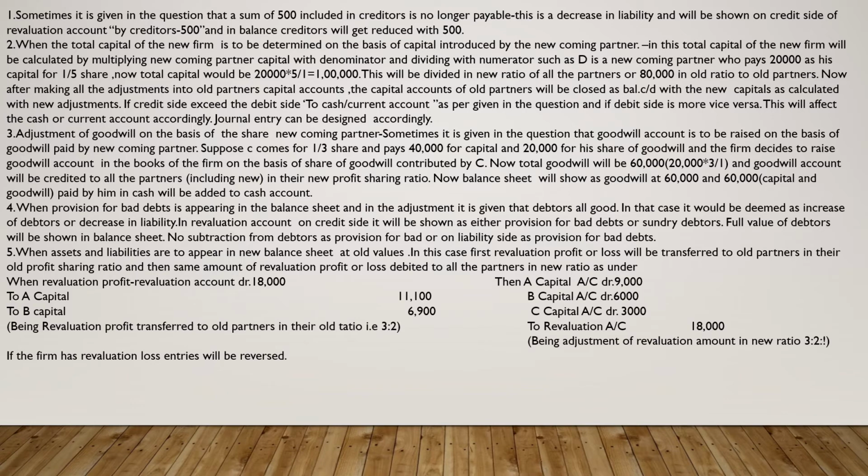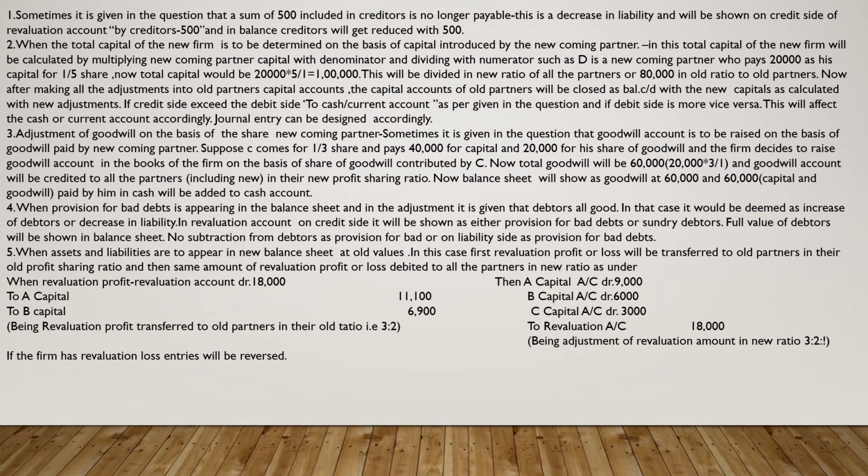Fifth, when assets and liabilities are to appear in the new balance sheet at old values. In this case, first revaluation profit or loss will be transferred to old partners in their old profit sharing ratio, and then same amount of revaluation profit or loss will be debited to partners in their new ratio as under.